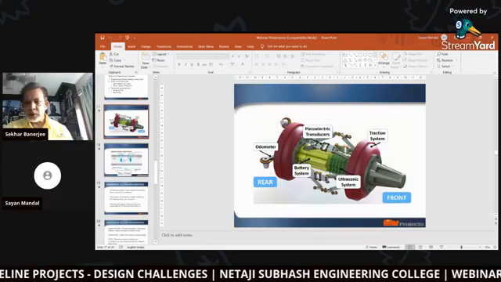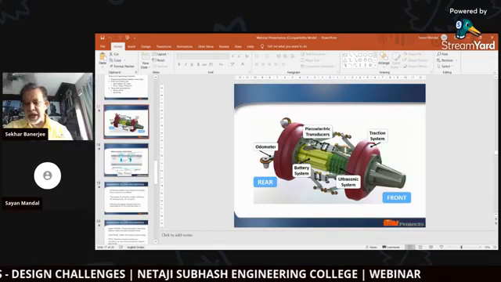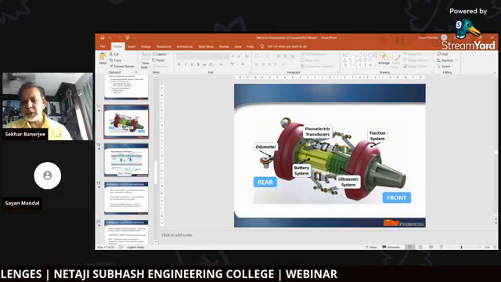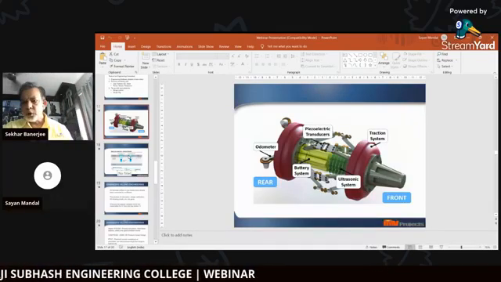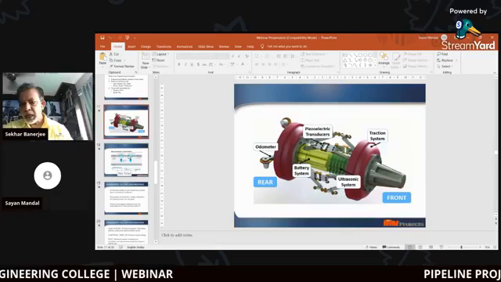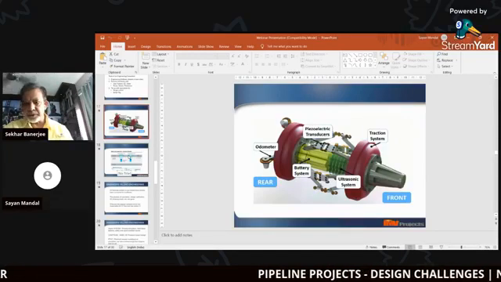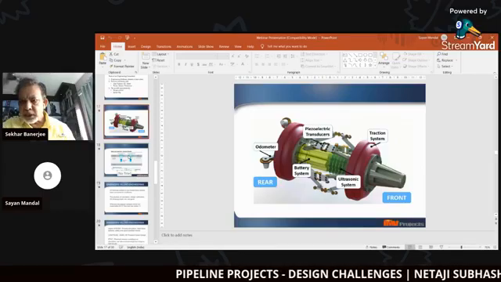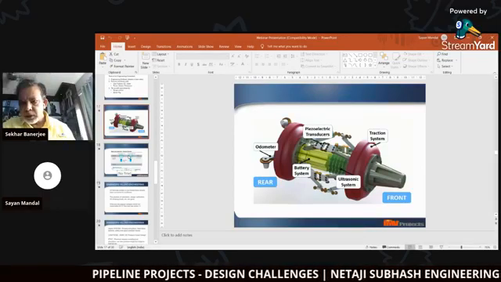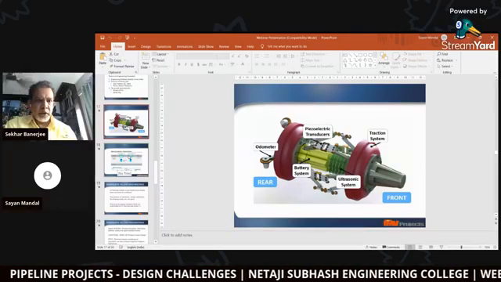When it goes, you can see the odometers at the back. That odometer rotates, it rolls on the pipeline wall, and it starts counting the distance, how far it has traveled. You can see the transducers and the battery system.